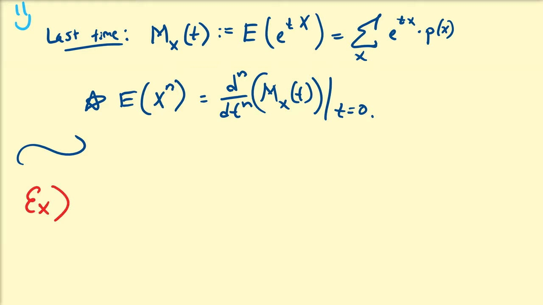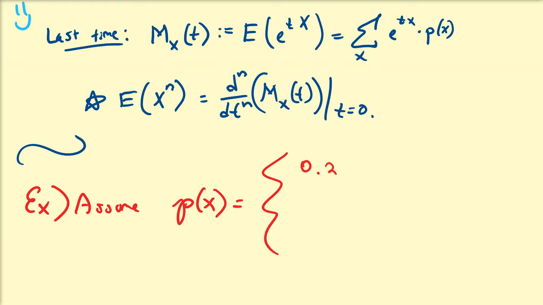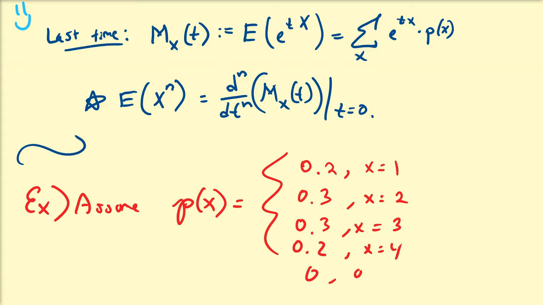So let's assume that we have a discrete random variable X and its probability mass function p of x is defined to be equal to 0.2 for x equal to 1, 0.3 for x equal to 2, 0.3 for x equal to 3, 0.2 for x equal to 4, and 0 otherwise.